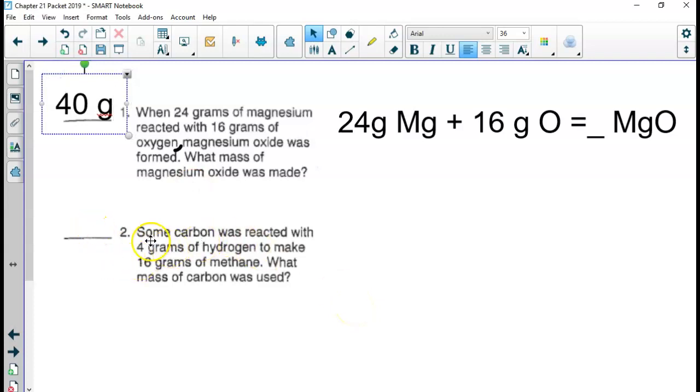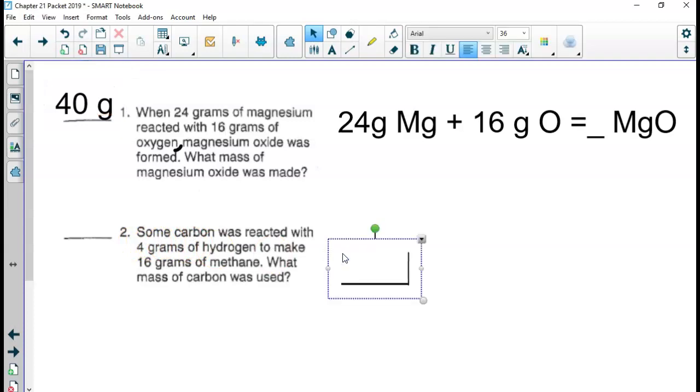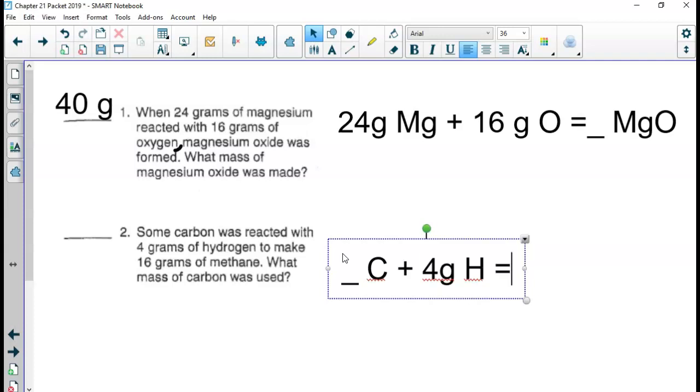Okay. Question 2, some carbon. So it doesn't tell me how much. So some amount of carbon was reacted with 4 grams of hydrogen to make 16 grams of methane. And you probably don't know the formula for methane, and that's totally cool.